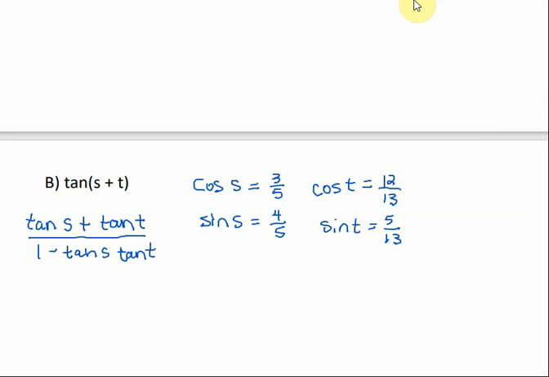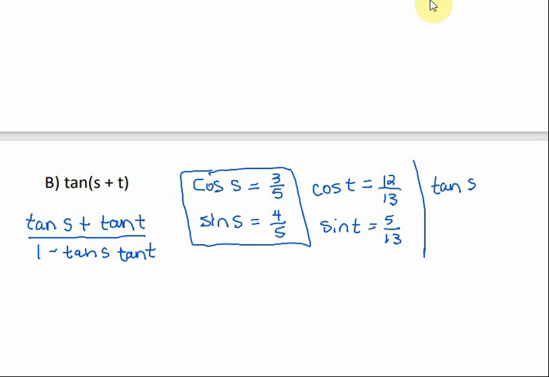So remember, tangent is sine over cosine. So that would mean that tangent of s, okay, so we're looking at these right here, would be sine over cosine, which is 4/5 over 3/5.